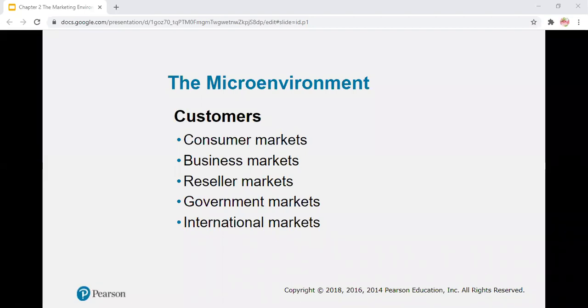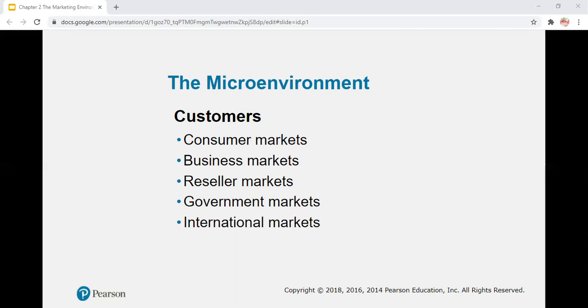Now, business markets buy goods and services for further processing or use in their production processes. So here we are selling products to businesses that will transform, process, or use them in their production process. Reseller markets buy goods and services to resell at a profit. I buy a product to sell it after that.